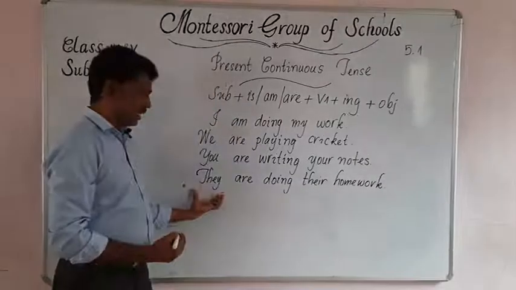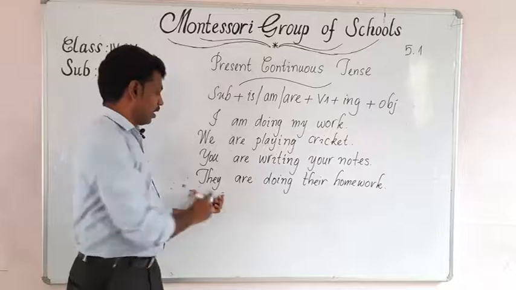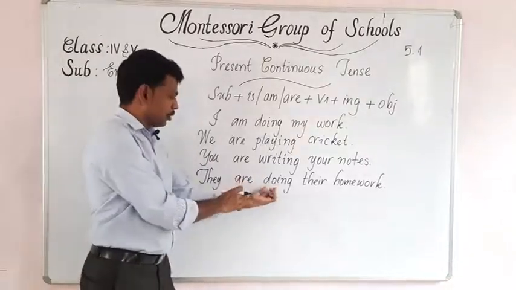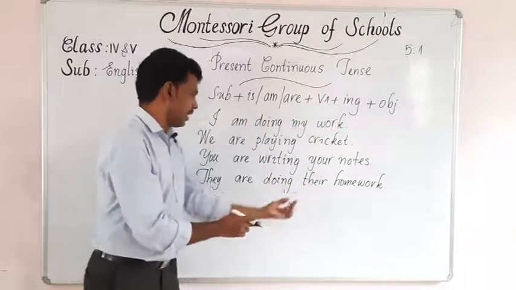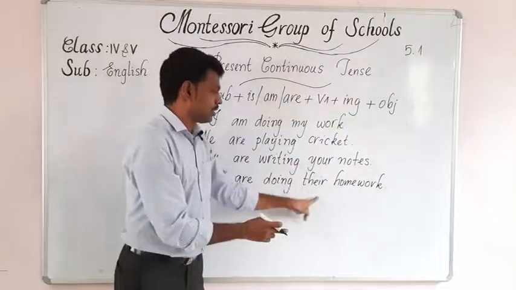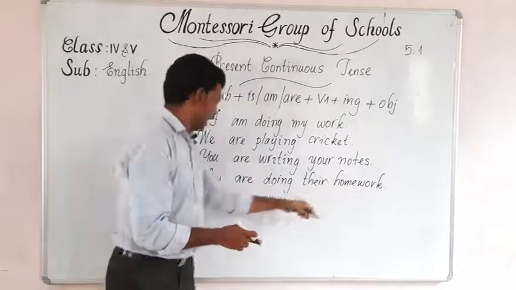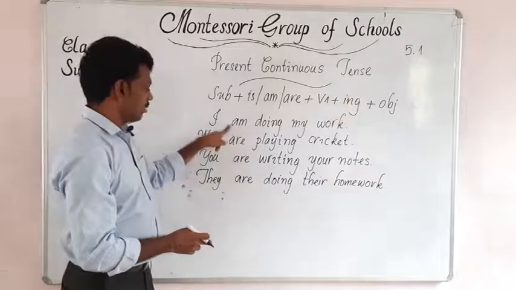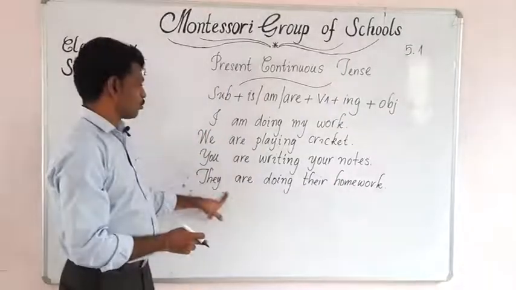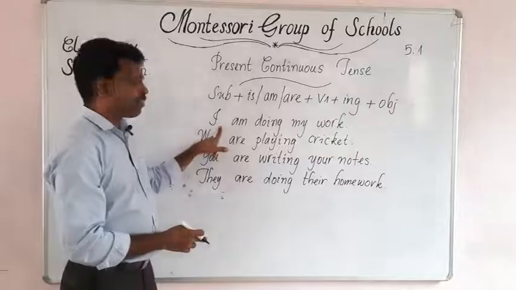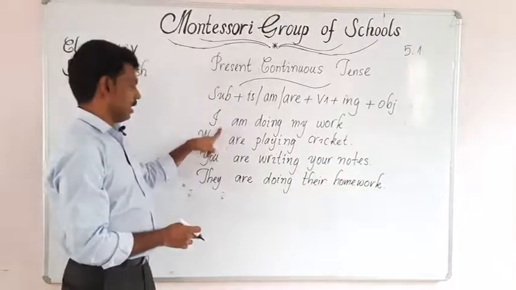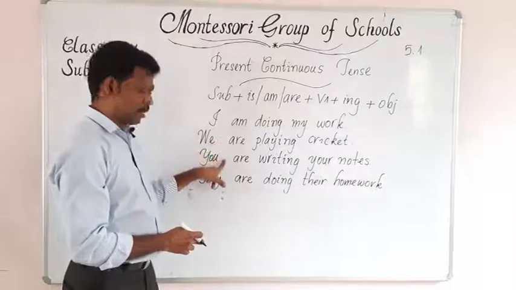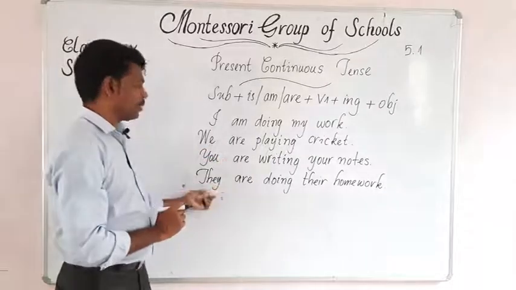So subject they, third person plural, and since the subject is plural, we have taken the verb are, do plus ing, V1 plus ing, doing, object their homework. They are doing their homework. So here, am is used for first person singular, and are is used for first person plural, second person singular and plural, and third person plural.